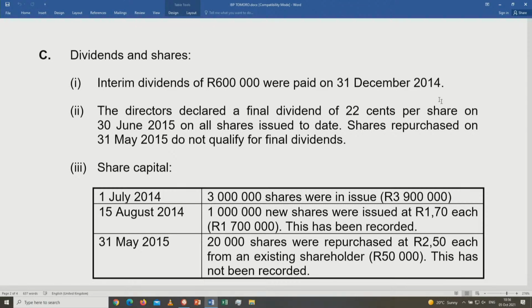Remember, interim dividend, yes, in this case, it has already been calculated for us, but in the case where we had to calculate it, it is very important that we observe our dates, because interim dividends are paid on the shares that are in issue on that particular date. Now the second one says here, 15 August 2014, 1 million shares were issued at R1.70 each to the value of 1.7 million. Then it will be 1 million.